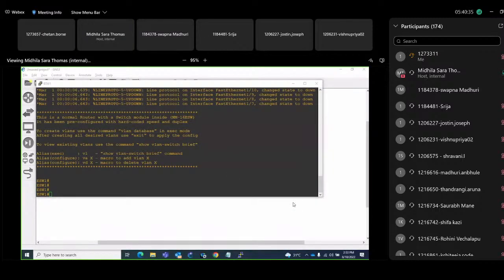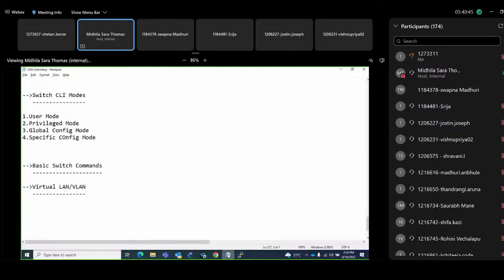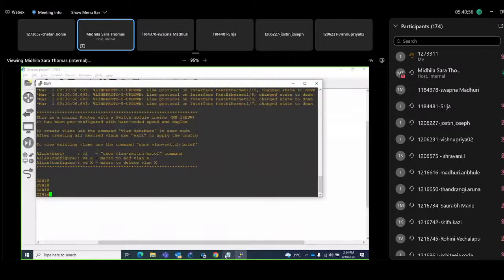Now is it visible? Yes? Okay. Guys, do you want me to teach the user mode, privilege mode, global configuration mode, specific configuration mode? No. Okay, fine. So you know how to move from one mode to another.